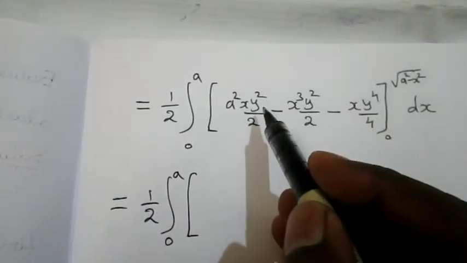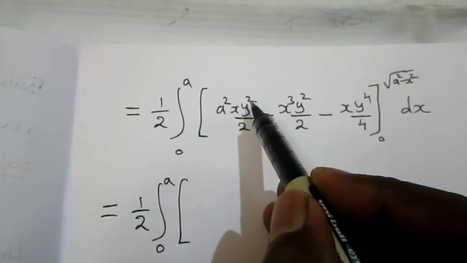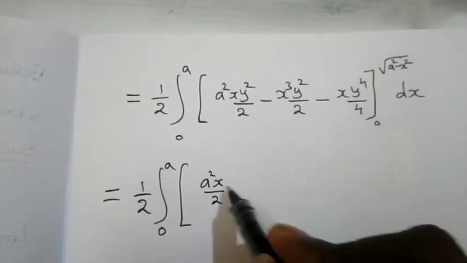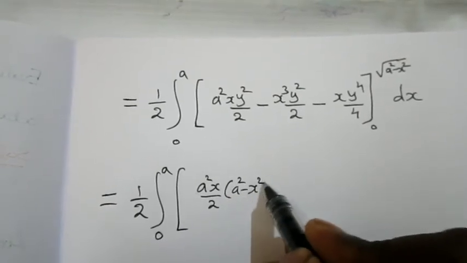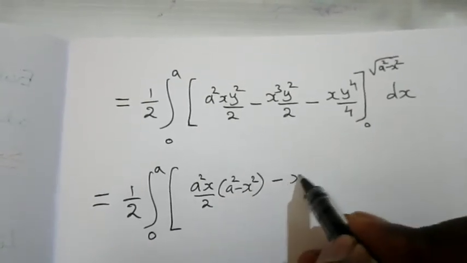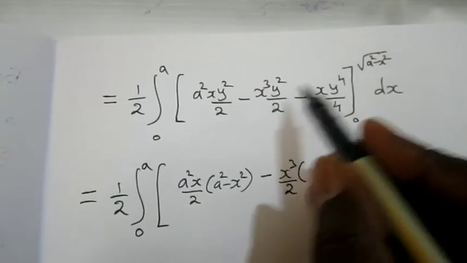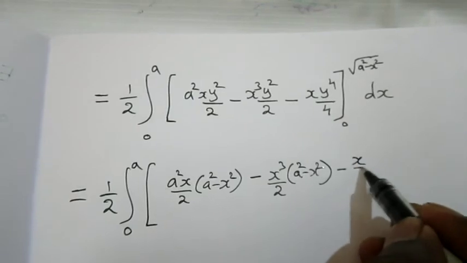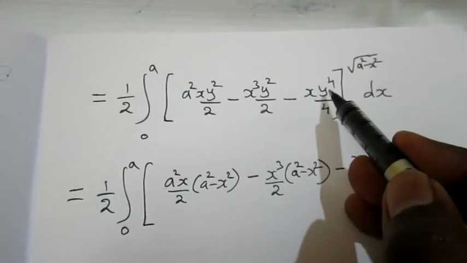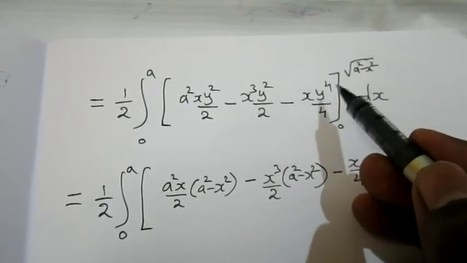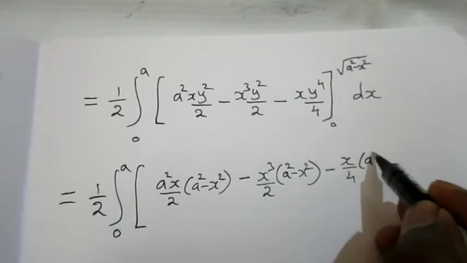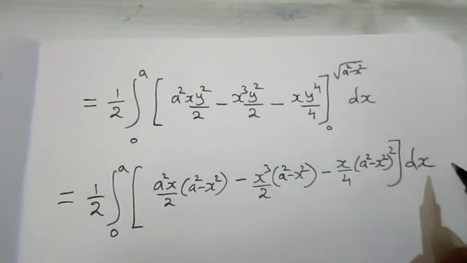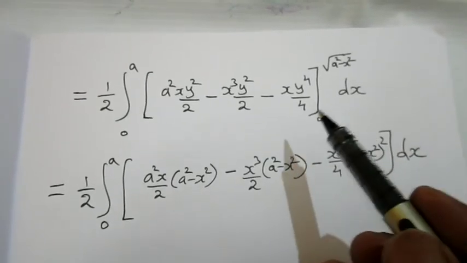Substituting the upper limit for y, the square and root cancel: a²x/2 times (a² minus x²), minus x³/2 times (a² minus x²), minus x/4 times (a² minus x²) the whole squared, dx. Now the substitution of the limit is over.